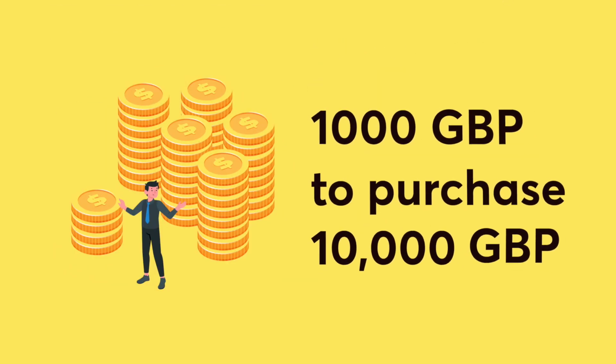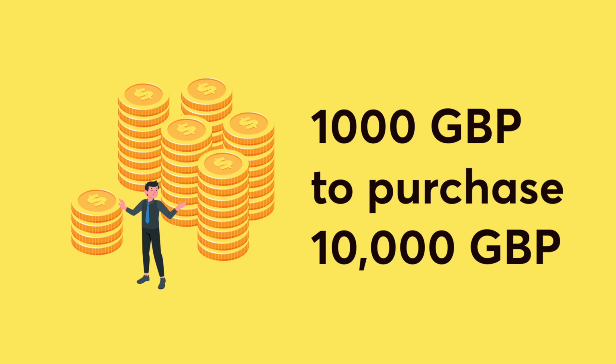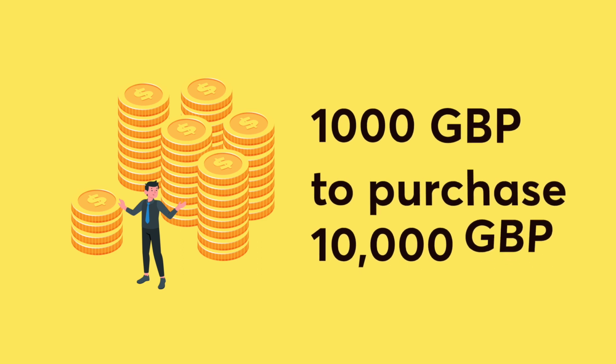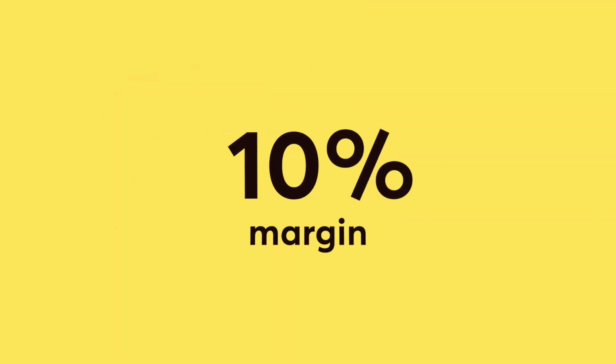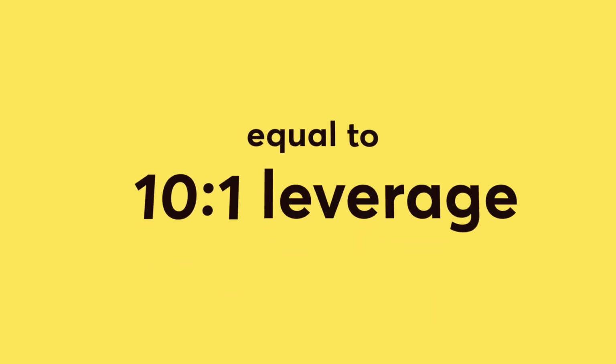In other words, the trader needs at least 1,000 GBP to purchase 10,000 GBP relative to the other currency. This is a form of 10% margin equals to 10 for 1 leverage.